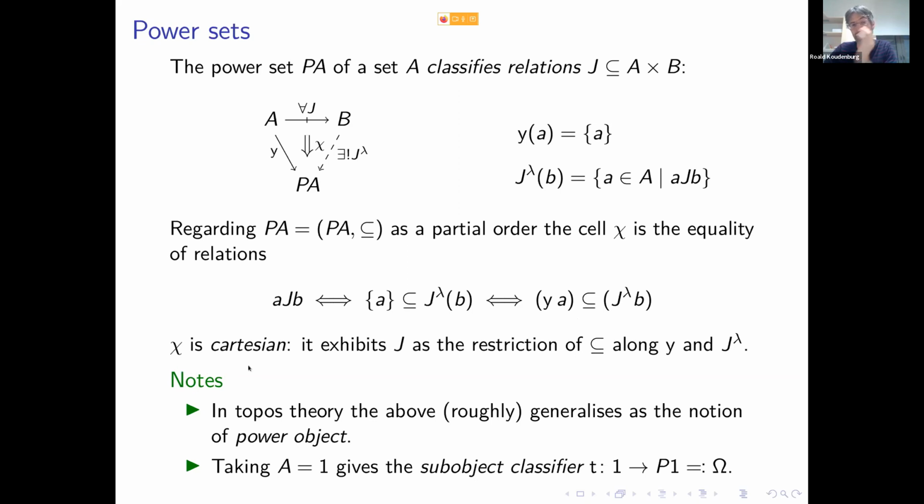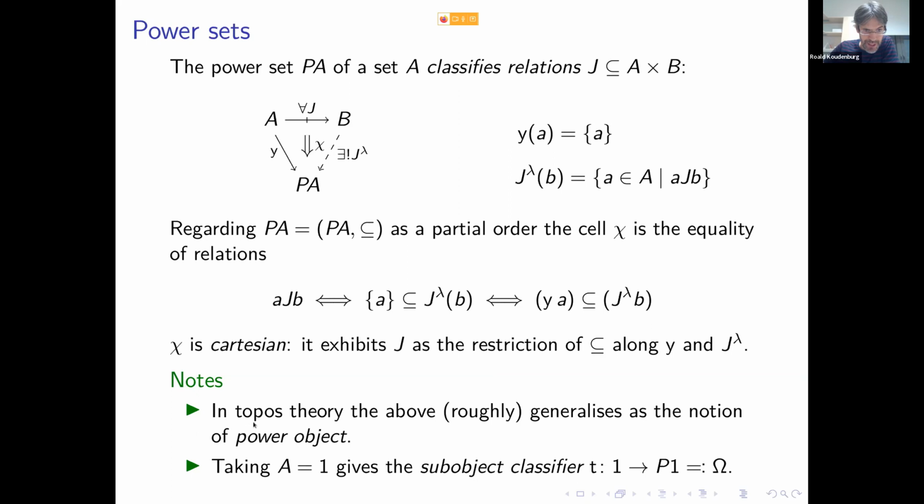So this will mean that chi is Cartesian. We'll make that precise later. And this will always happen. So when we have a triangular cell like this with an object as a horizontal target, then that cell will always map into the home relation or the unit relation at that object, right? That's what this subset relation is for PA.